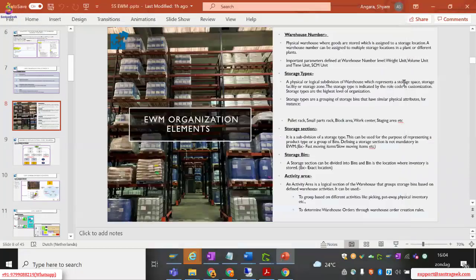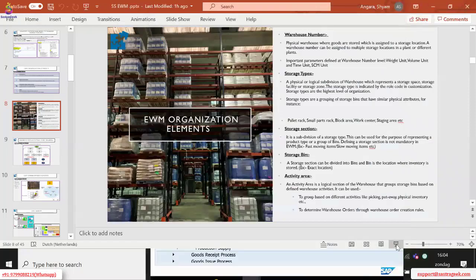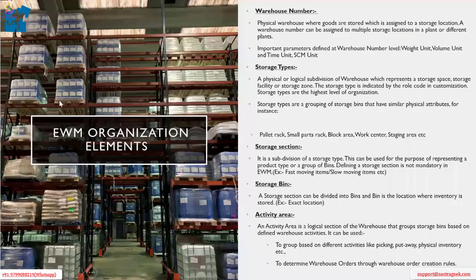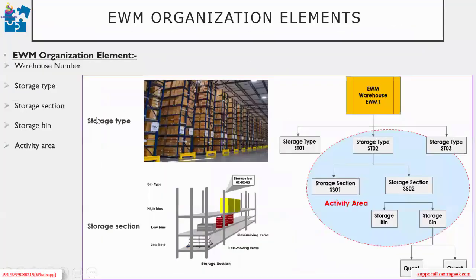Each and every bin has been defined with a specific bin structure. Each bin will have a significant unique identification number. This particular bin is one bin, and this is another bin where we store the products. So how do we define that?